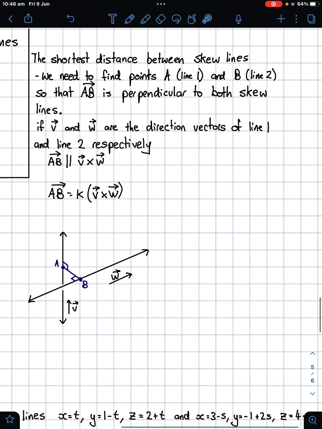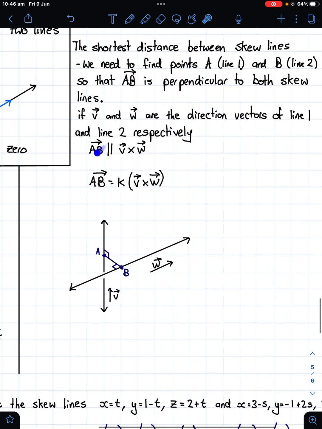Now, this is the most complex bit of the distance between lines: the shortest distance between skew lines. The skew lines, like this diagram here, don't intersect. So to find the shortest distance between them, we find a different line that is perpendicular to both these lines.